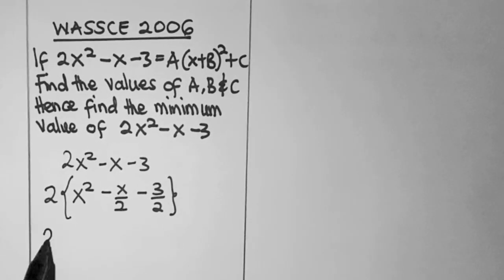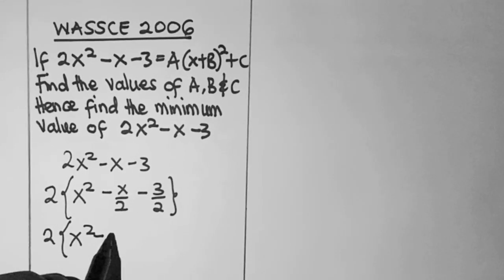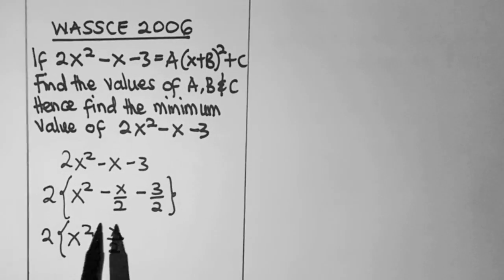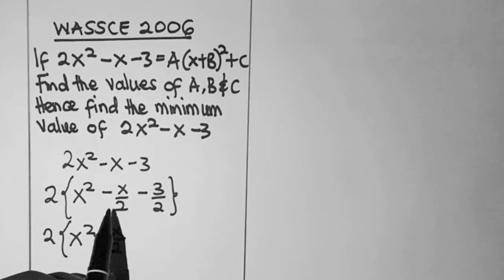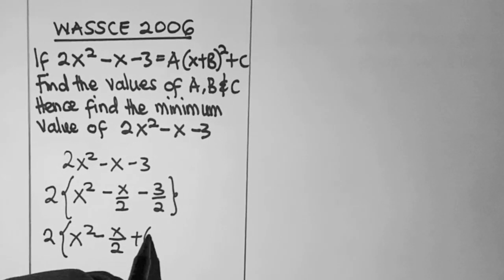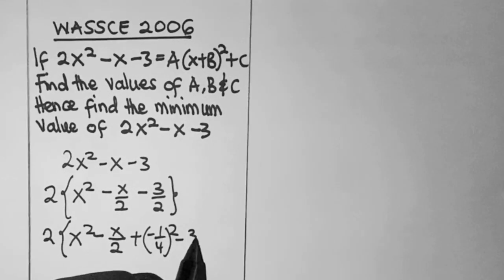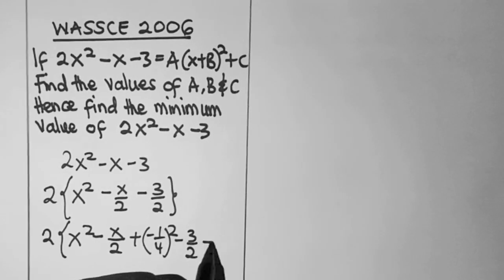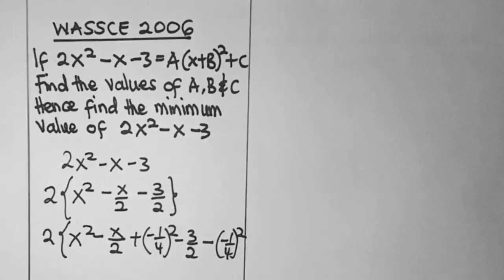So this becomes 2 times, now x squared, then minus x over 2. And then half of minus 1 over 2 is minus 1 over 4. So we need to add minus 1 over 4 squared, then minus 3 over 2, then minus minus 1 over 4 squared.